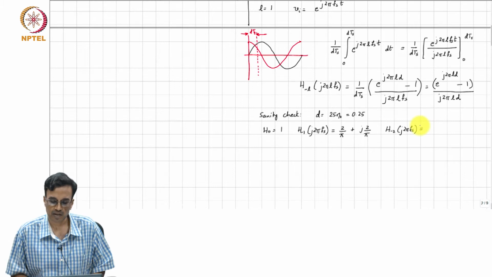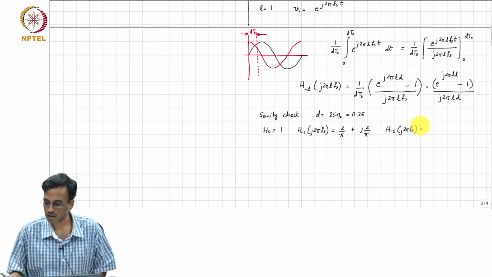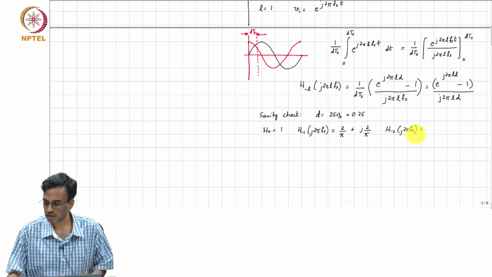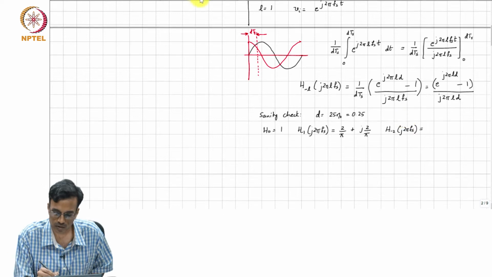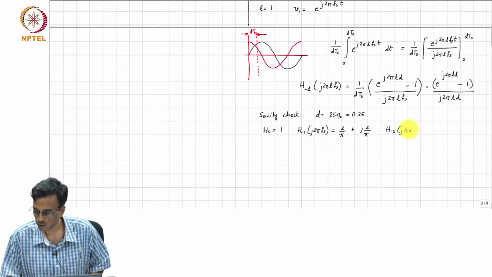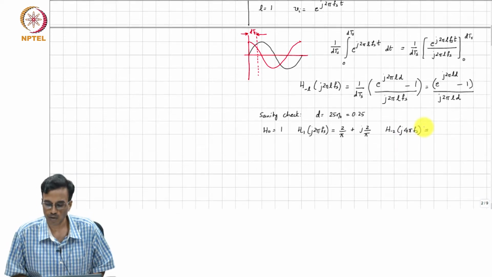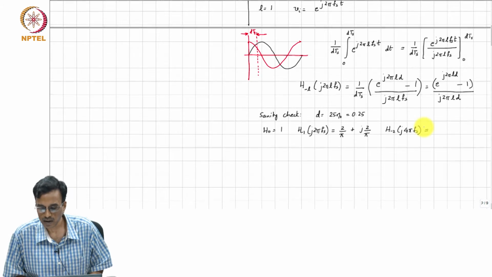So, if you average the sine over half a cycle, well, I mean, sorry, so h minus 2 of j 2 pi into 2 f s, this is j 4 pi f s, right. And what will we get there?